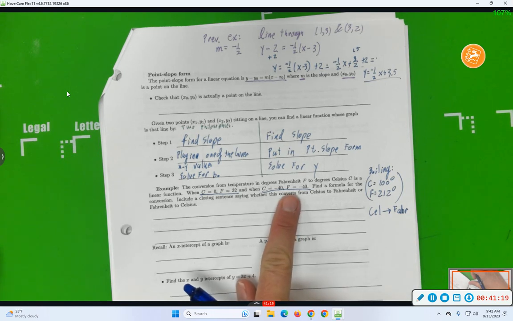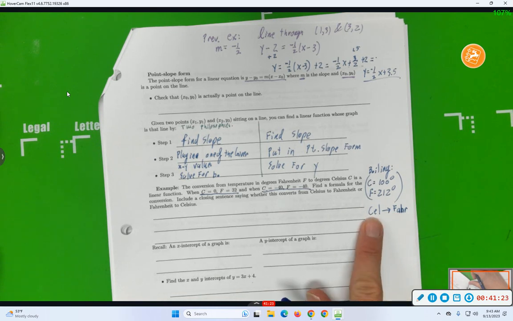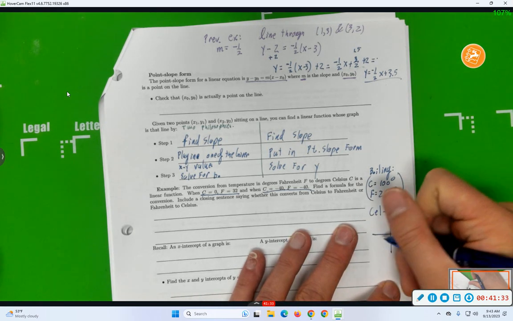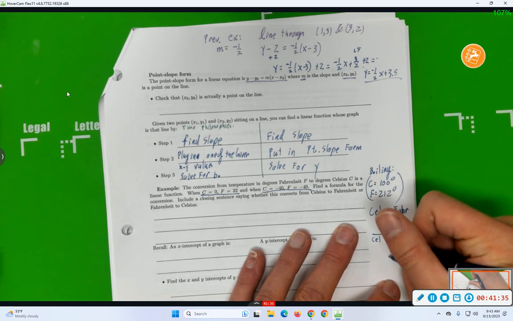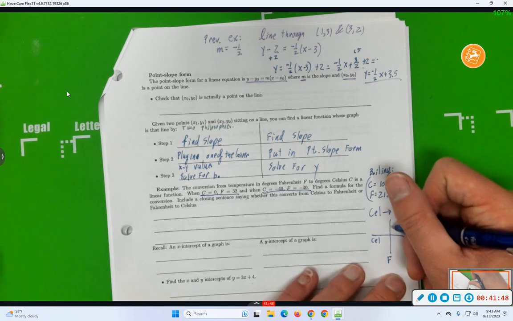Let's try to find this formula then. If I want to go from Celsius to Fahrenheit, I should treat Celsius as the input value, the x values, and Fahrenheit as the output values. So if I want to sketch this on a graph, I would want Celsius to be the x value and Fahrenheit to be the y value. So what 2 points should I put on this graph? (0, 32).